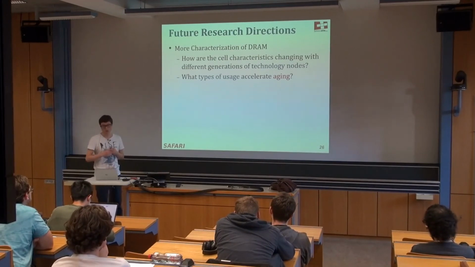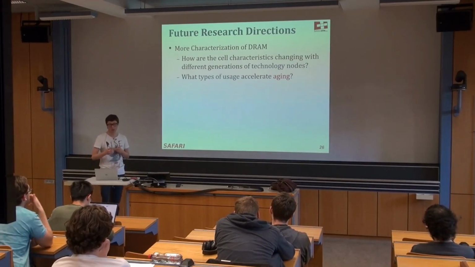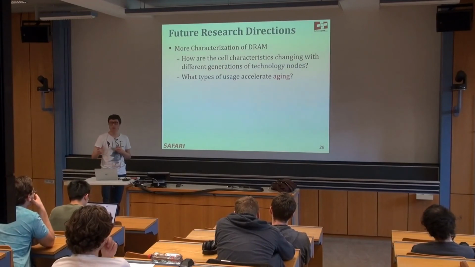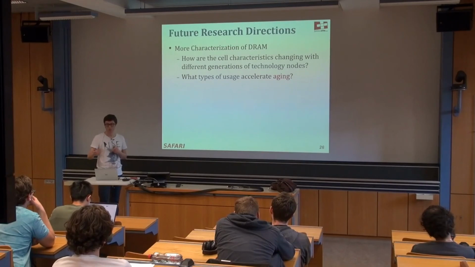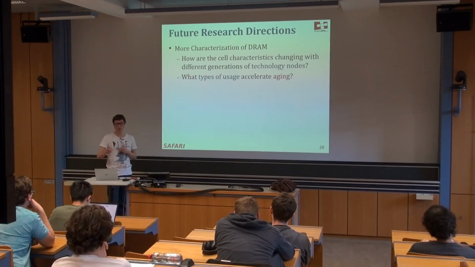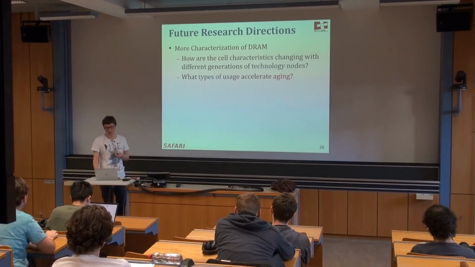It's also possible to look at what type of usage accelerates aging. We know that electrical components show some problems when they're aged, right? So potentially someone can develop a mechanism to quickly age a DRAM chip and then look at the error characteristics.